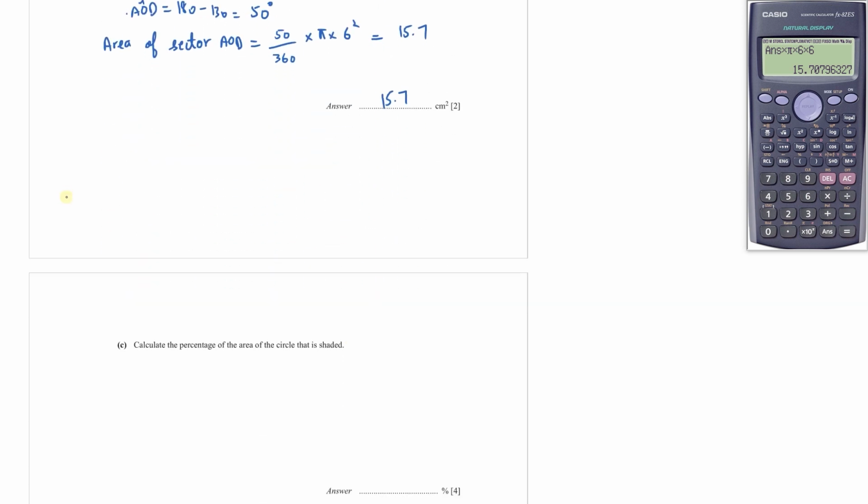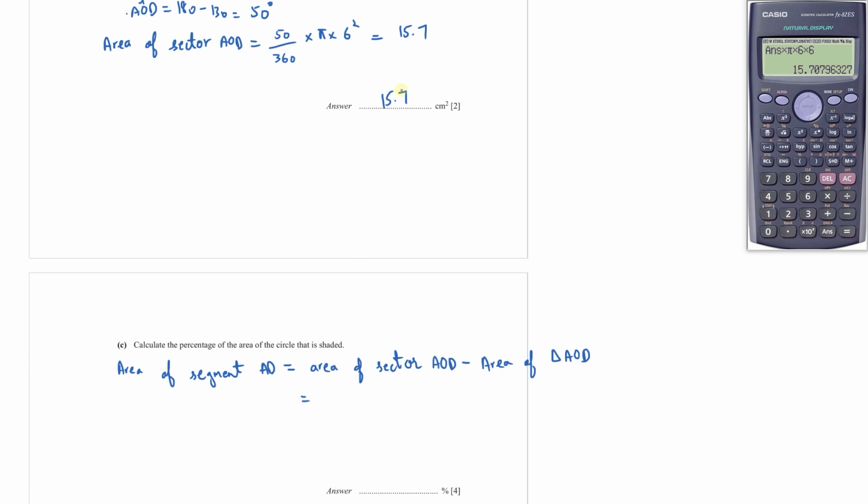So area of segment AD will be area of sector AOD minus area of triangle AOD.